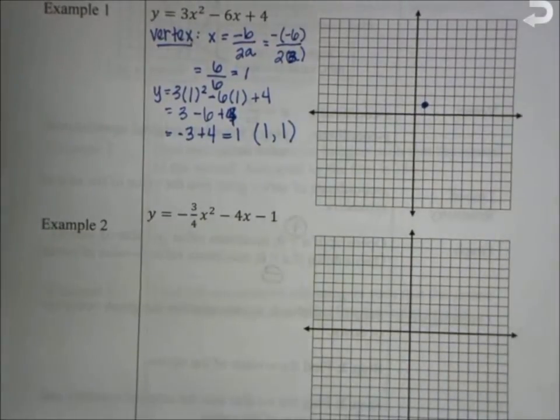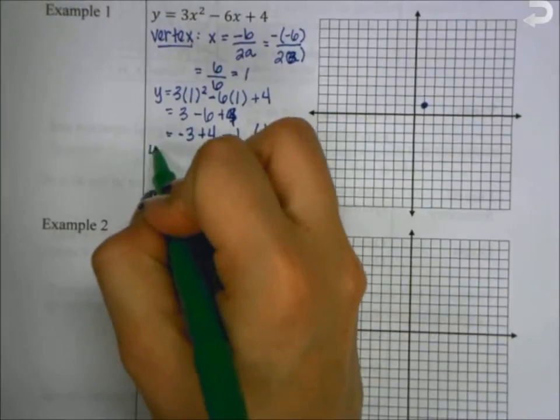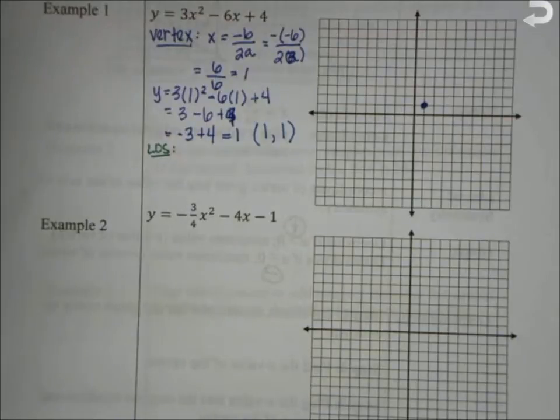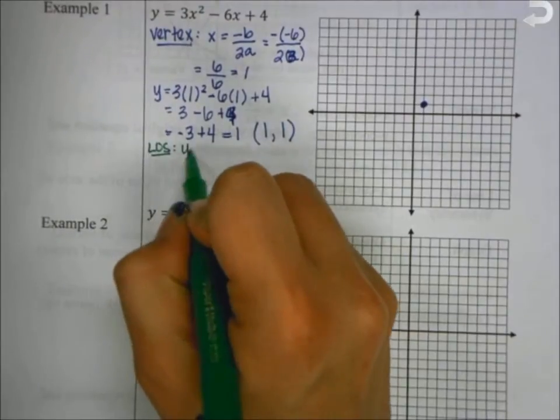And now we want to find the line of symmetry, so I'm also going to label LOS. Remember, in my notes, my line of symmetry is just the x-coordinate of the vertex. So it's going to be y equals what? 1.